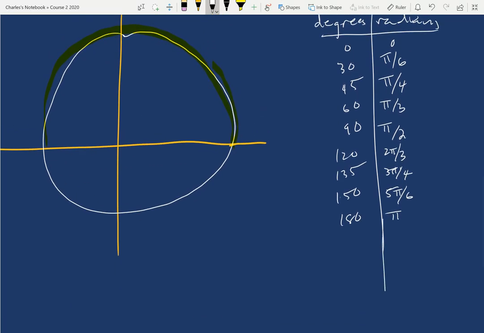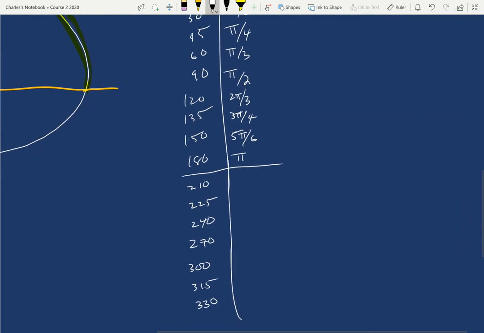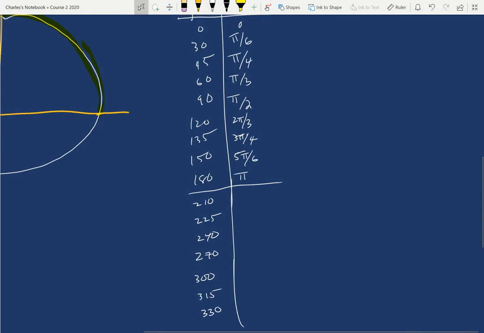And if I keep going, it's going to be 210, 225, 240, 270, 300, 315, and 330. 210 is how many 30-degree angles?